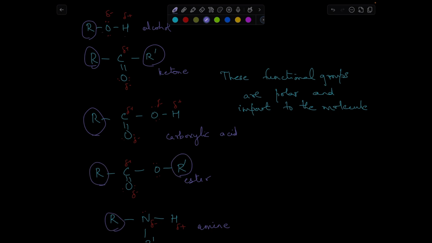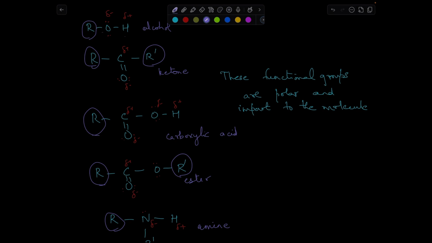Hydrocarbons have carbon attached to hydrogen, and the difference in electronegativity between carbon and hydrogen is very small. So it's a covalent bond with no polarity. So if the hydrocarbon groups are bulky and if they outweigh the polarity imparted by these functional groups, then the molecule will be nonpolar and will not be soluble in water.